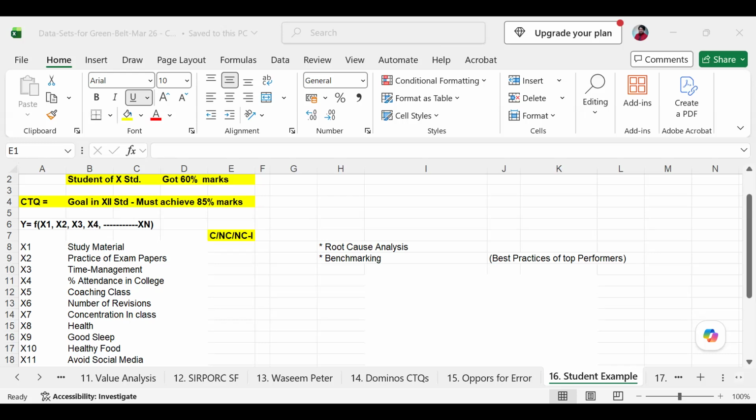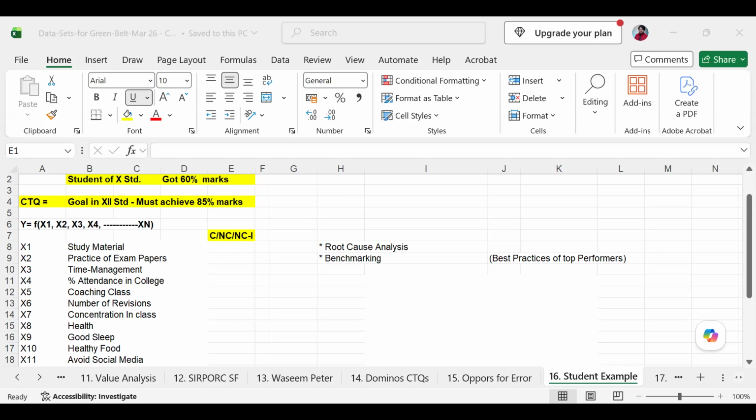It is critical to quality for his health. If he will reduce his weight, his health will improve. So that is the CTQ. And this CTQ will depend on the two things, diet and exercise.